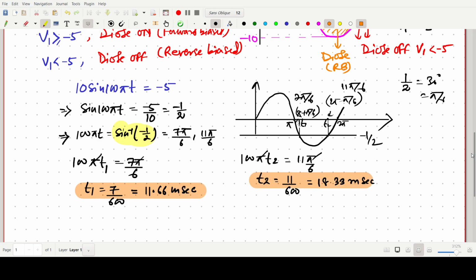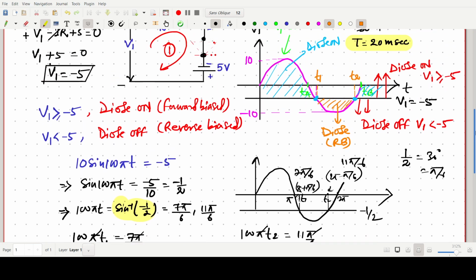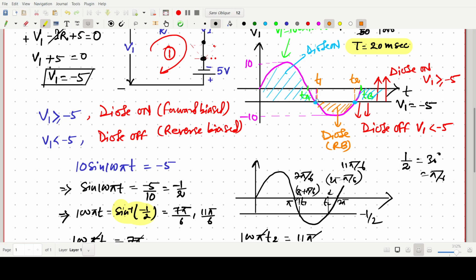From the graph, T1 is 11.66, a value we have calculated.